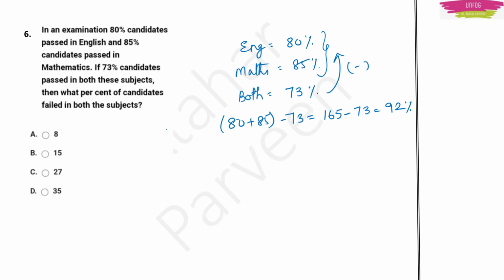Now at least in one subject, so many students have passed. That means how many students have failed? For that you have to do 100 minus 92. It will be 8%. That's it. How many students have failed in both subjects? 8%. Option A will be the right answer. Okay.